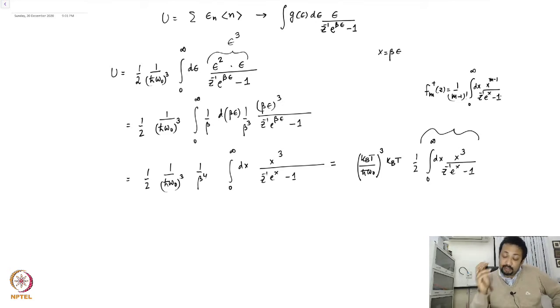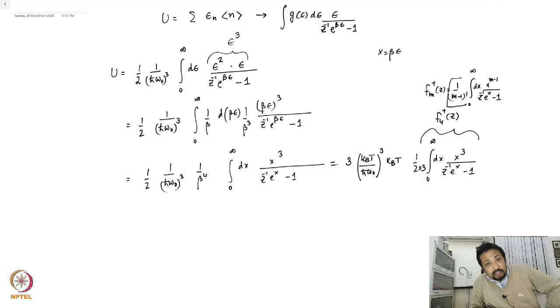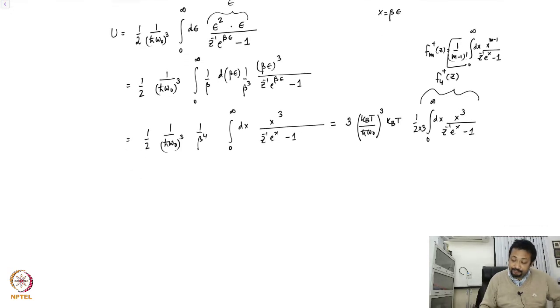Now you see that whatever I have within the integrand tells me that this is f4 plus of z, but the factorial does not match. This is 3 factorial, whereas for f4 I have a half. That is easily remedied by bringing a factor of 3 in the denominator as well as in the numerator.